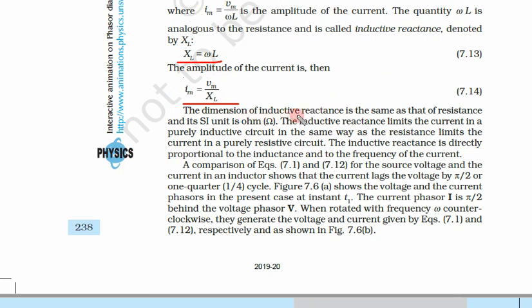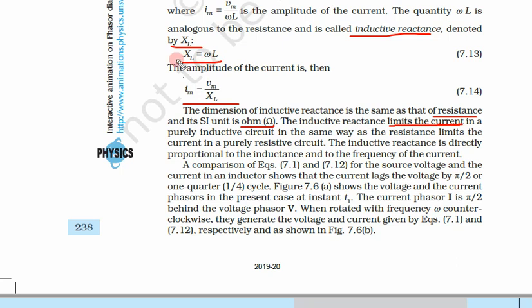The dimension of inductive reactance is the same as that of resistance, and the SI unit is also ohm. So this limits the current in the inductive circuit as resistance limits it in a purely resistive circuit.